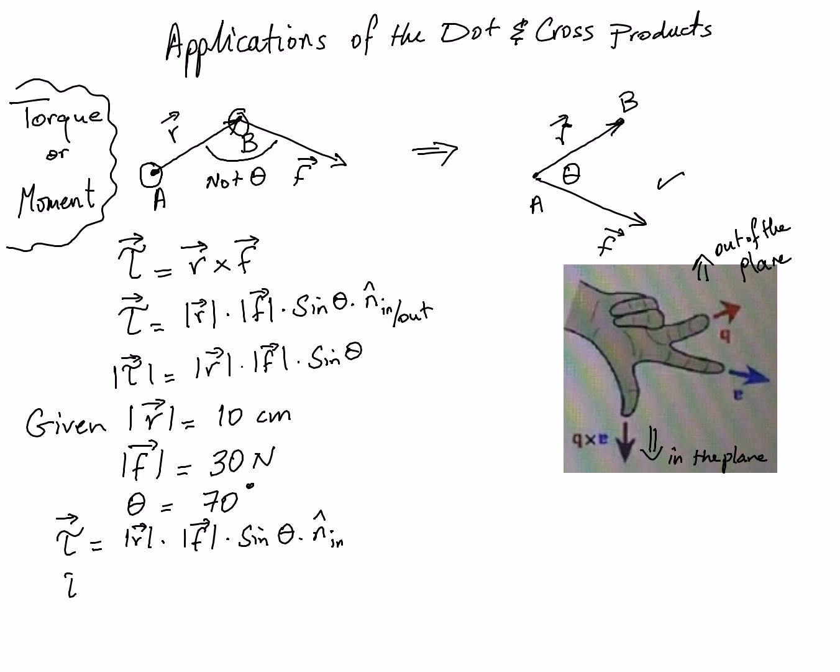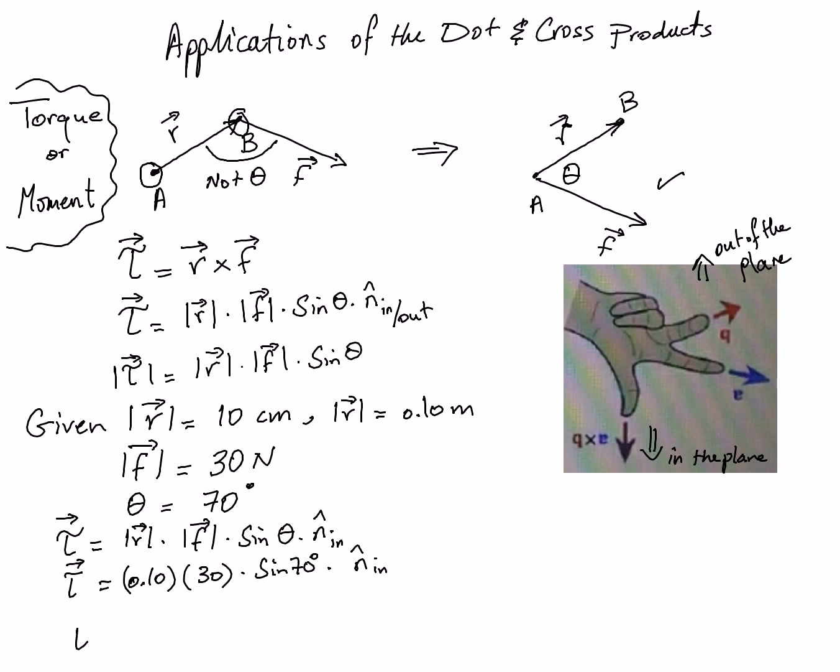So following the formula we wrote, r has a magnitude of 10 centimeters, but that has to be converted to meters, which will be 0.10 meters. Since the unit of tau is Newton meter or joules, we'll have to comply with the units, times the magnitude of F, which is 30 newtons, times sine of 70 degrees, n unit vector in.